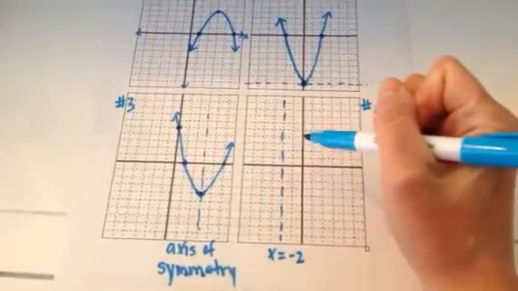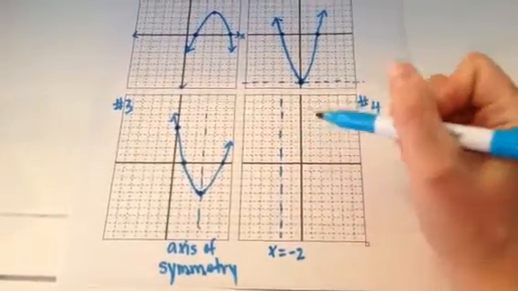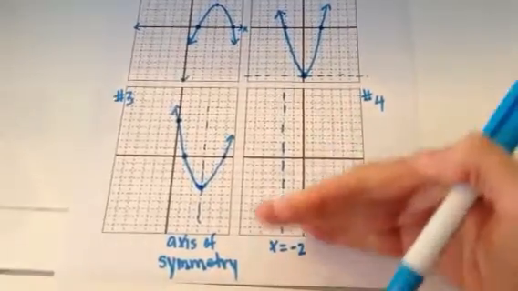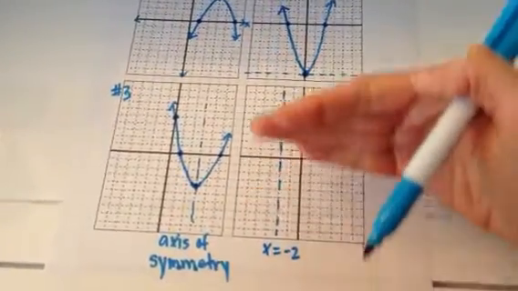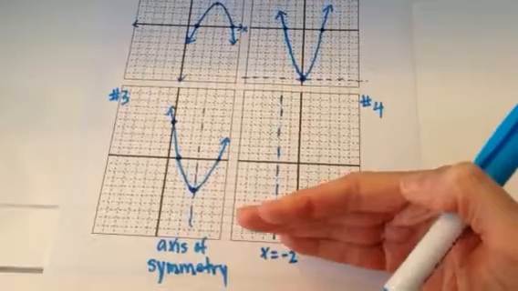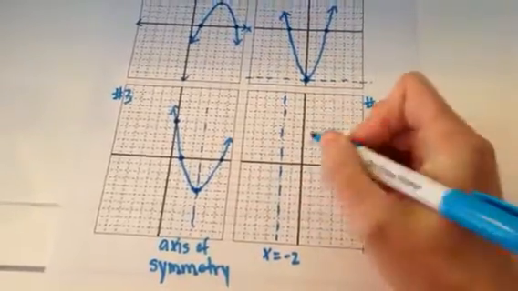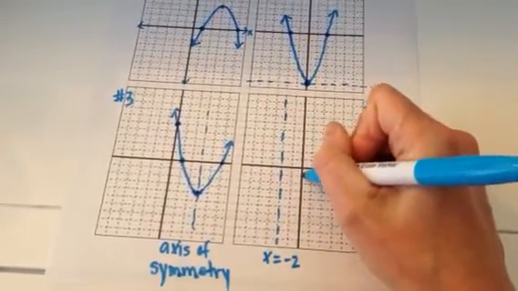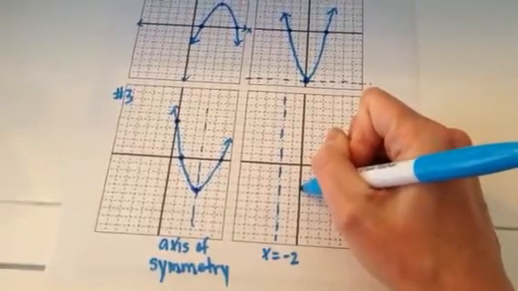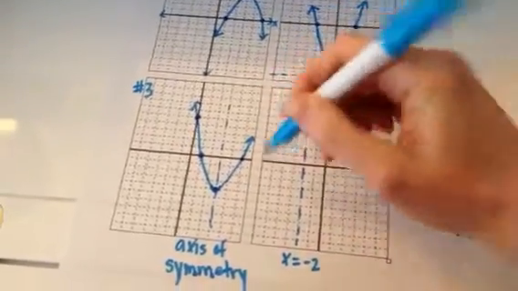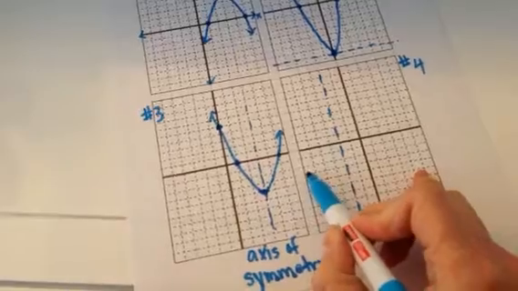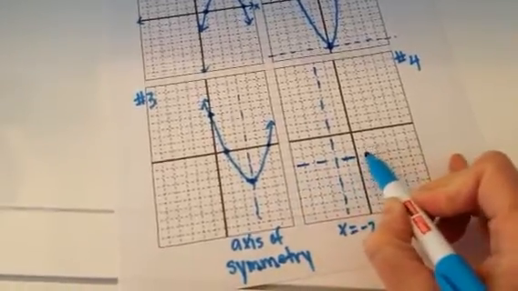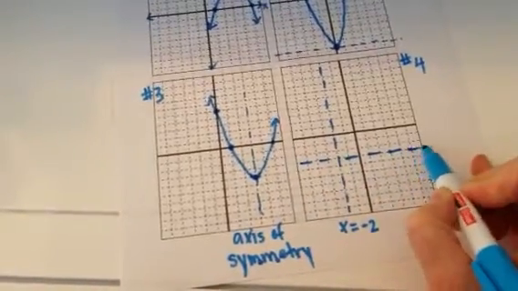At -3, the optimal value is on the y-axis, because the y tells us how high or how low it is. So at -3, 1, 2, 3, we have an optimal value, and we can draw a line here that demonstrates it.